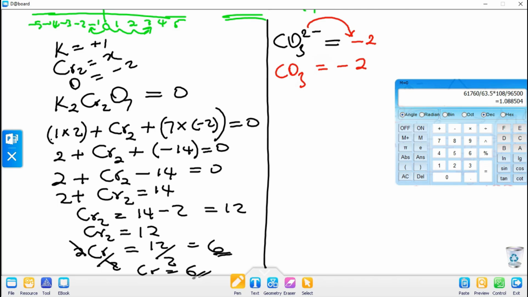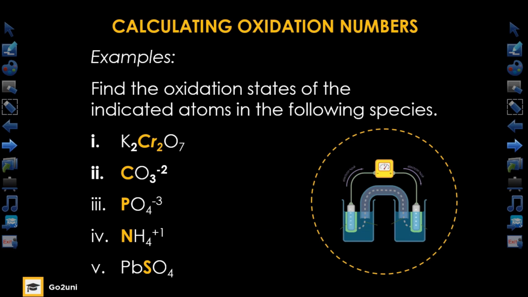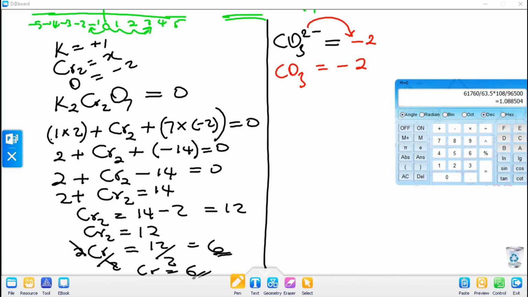Then we'll now carry out our calculation. The question says we should calculate the oxidation state of carbon. Carbon is what we are interested in. So since we are interested in carbon, what is the oxidation state of oxygen? It is -2. How do we know it's -2? When you remember the electronic configuration of oxygen, oxygen is atomic number 8. 2 electrons will be inside and 6 electrons outside. It needs 2 more.